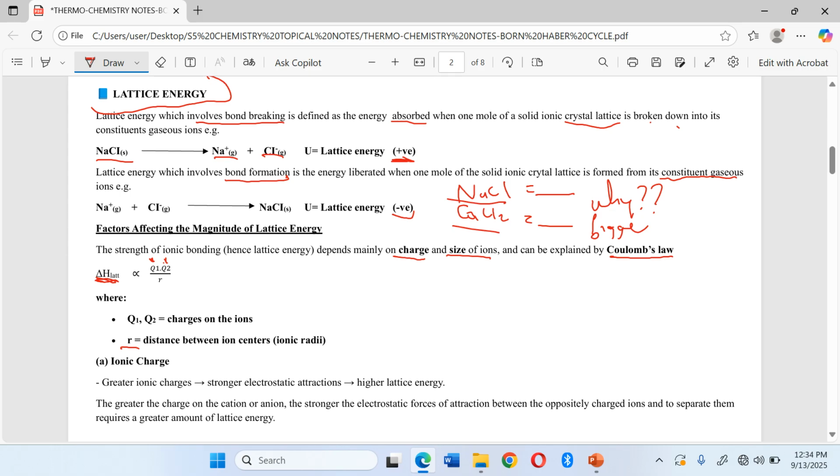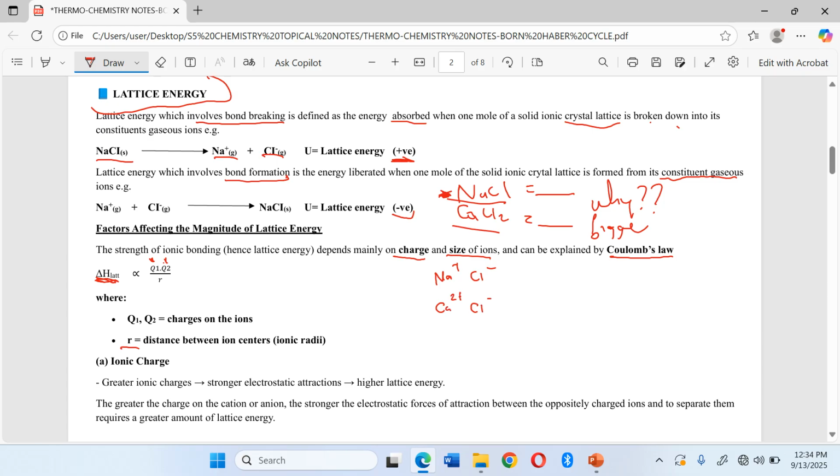So when you get the charges, for example, sodium chloride has sodium ions and chloride ions, while calcium chloride has calcium ions and chloride ions.